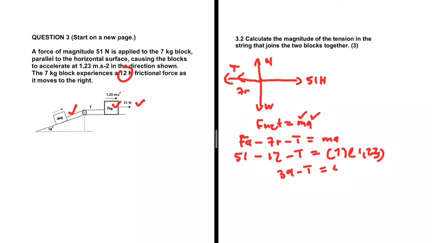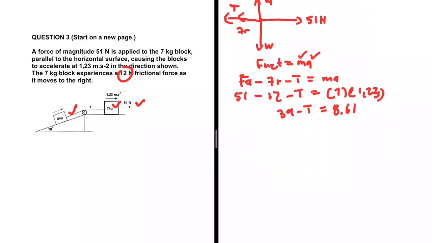That will give us 8.61. So minus the tension will give us 8.61 minus 39. That is minus 30.39. If we divide both sides by minus 1, we'll get the tension being equal to plus 30.39 newtons. So there we go.